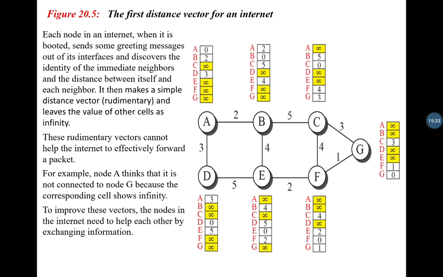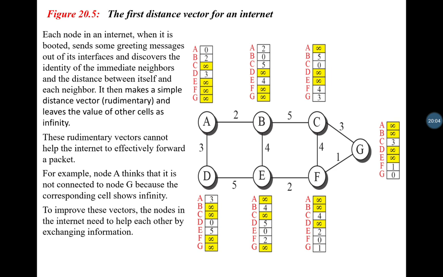After each node has created its vector, it then sends a copy of the vector to all its immediate neighbors. And after a node receives the distance vector from a neighbor, it updates using the Bellman-Ford equation. However, we need to understand that we need to update not only one least cost but n of them, in which n is the number of nodes in the internet.